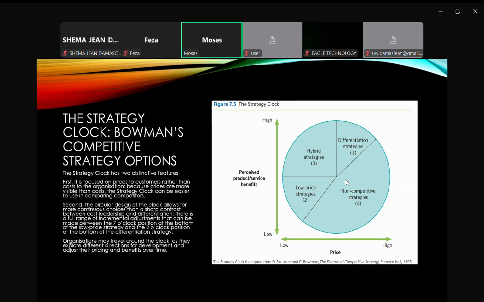Everything else remains the same. So in other words, instead of saying that the company becomes competitive because the cost of production is cheaper, we simply say the company becomes competitive because it offers products at the cheapest prices relative to its competitors.